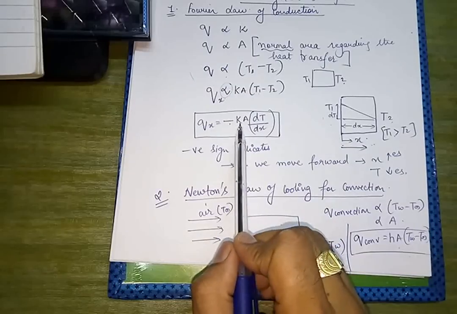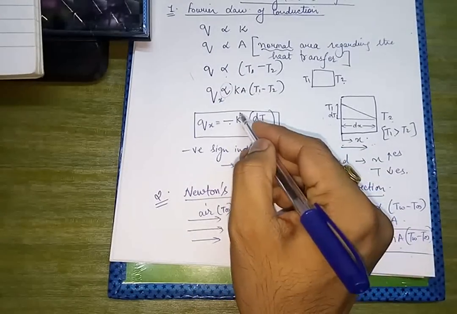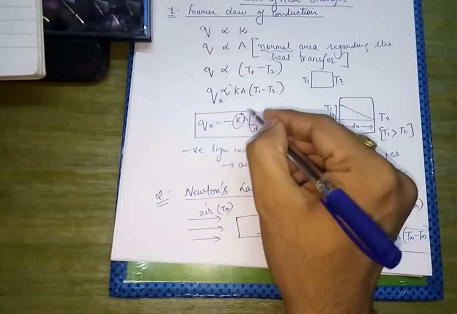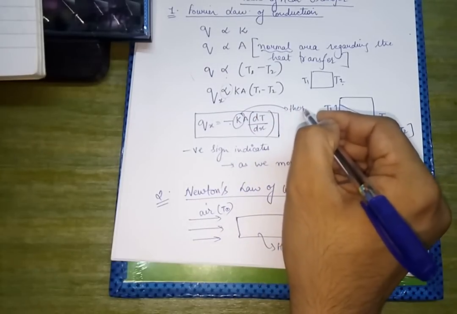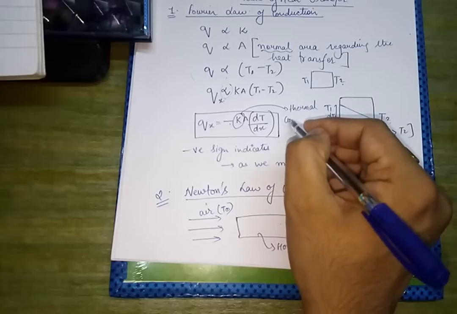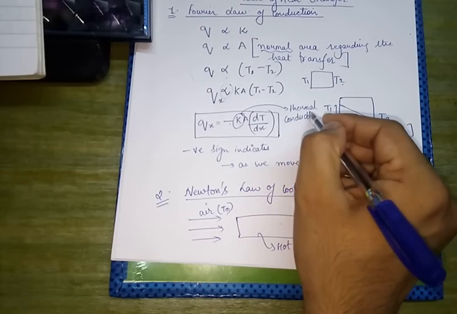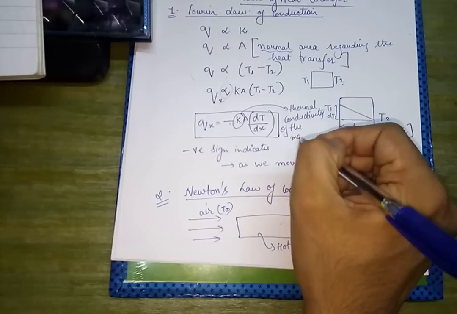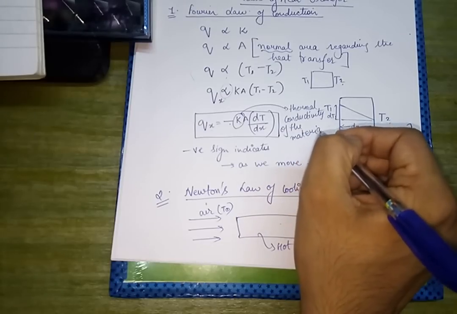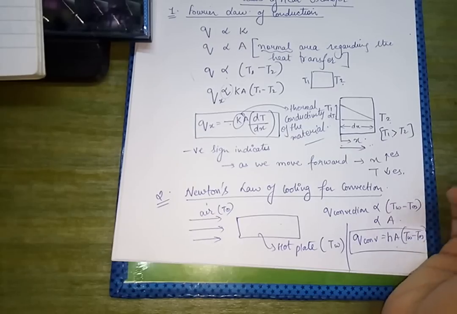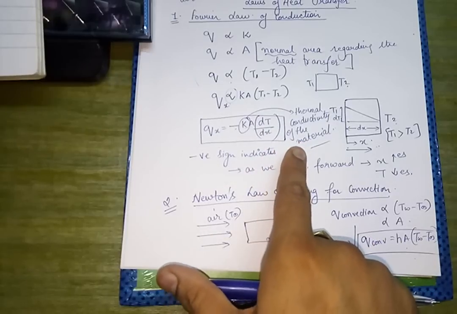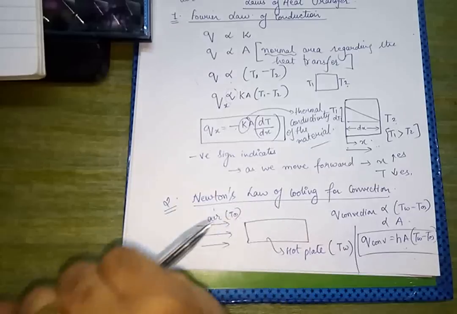Now in the previous derivation, we introduced a constant k, and we know what k is. It is the thermal conductivity of the material, and we have discussed that thermal conductivity is a thermophysical property of any material.